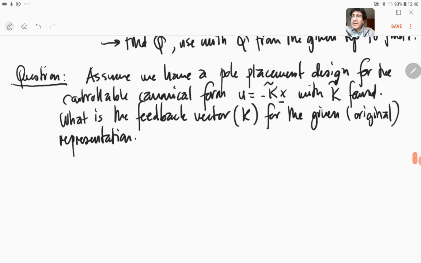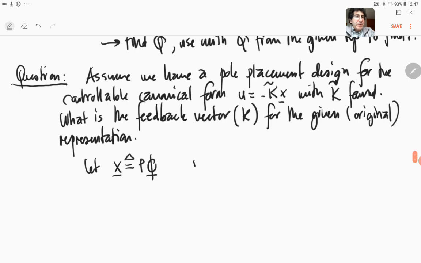Okay, so the answer is very easy actually, because we know that x is defined, from the similarity transformation, as related with phi.